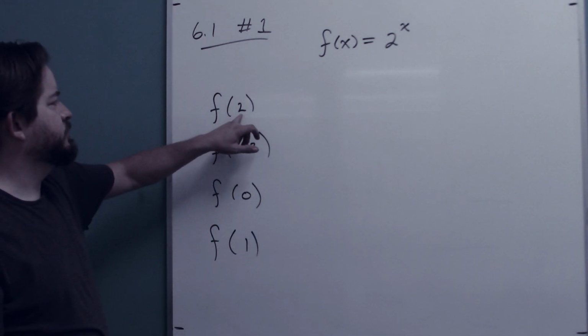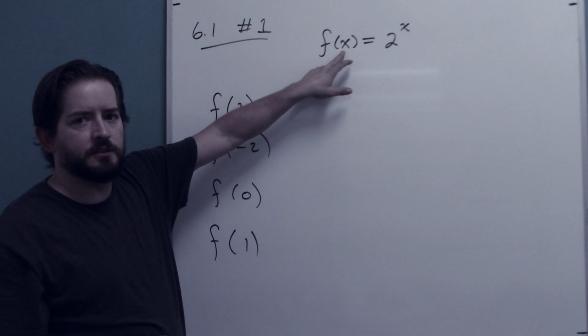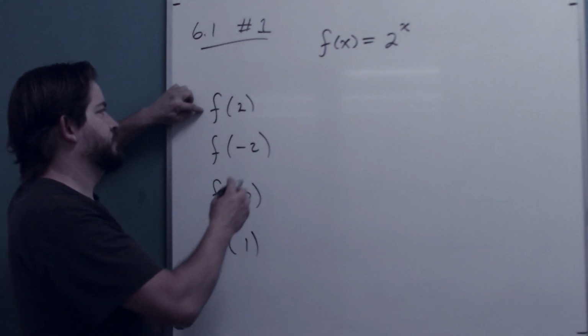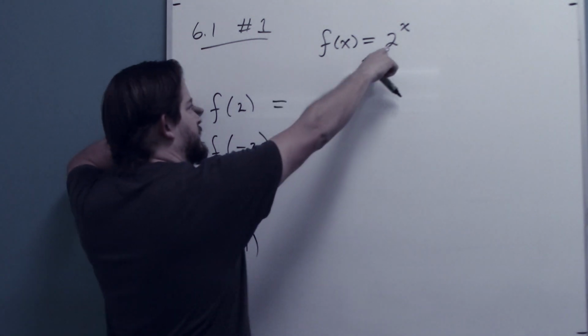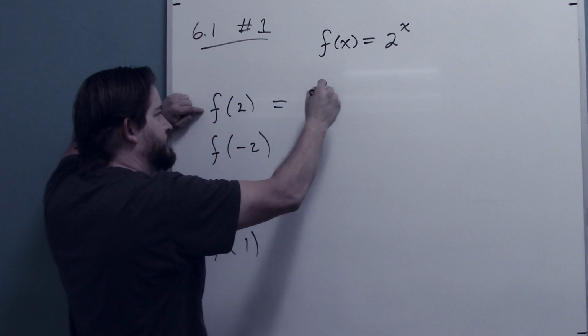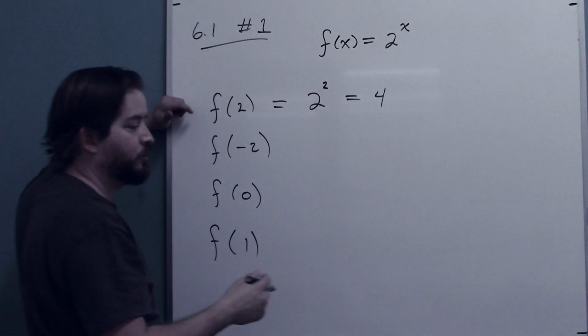So each of these we're just replacing the x in the function with 2 or negative 2 or 0 or 1. So for example, f of 2 is the function 2 to the x, where the x is replaced with this 2. So it's 2 to the 2, which is, of course, 4.